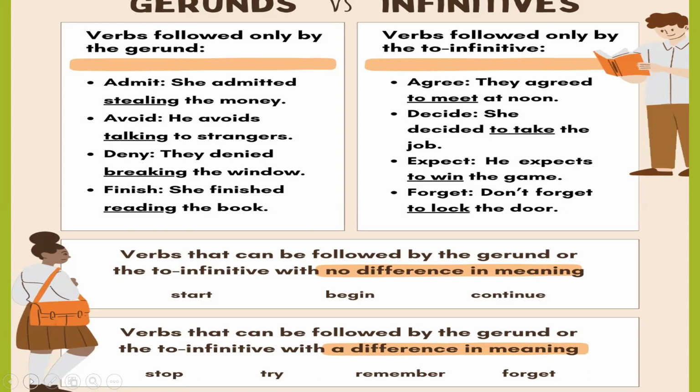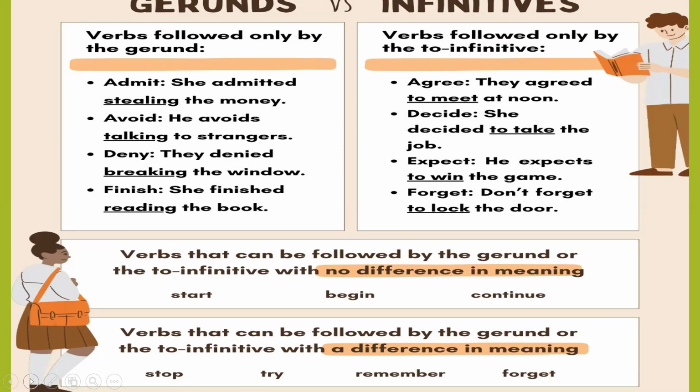About infinitives: verbs which are followed only by full infinitives are agree, decide, expect, forget. They agreed to meet at noon; "to meet" is the infinitive. Decide: she decided to take the job.